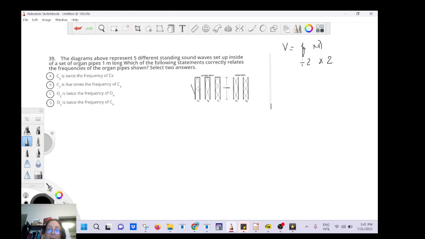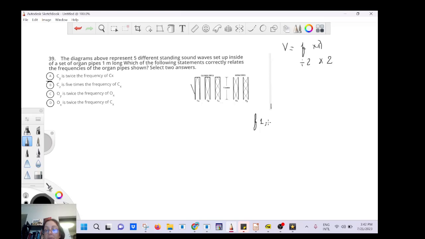So they want to compare the frequency in all those types. Some of them are open. So obviously, for example, here you have a larger frequency than here. And here you have a larger frequency than there. Okay. So let's do CY, and CX. So first of all, if you have a closed and open pipe, remember the frequencies go in odd numbers of the first one.